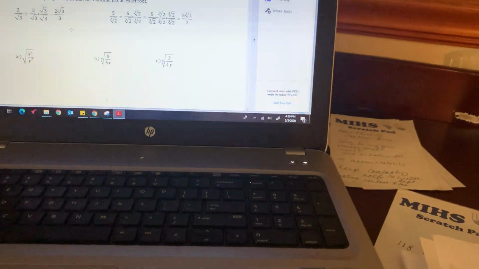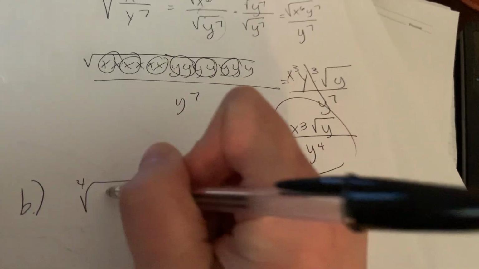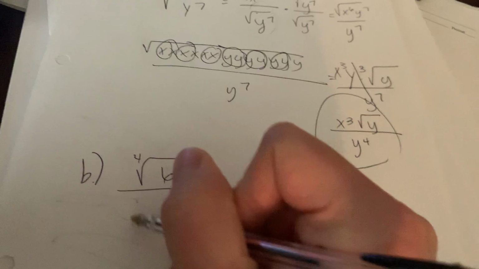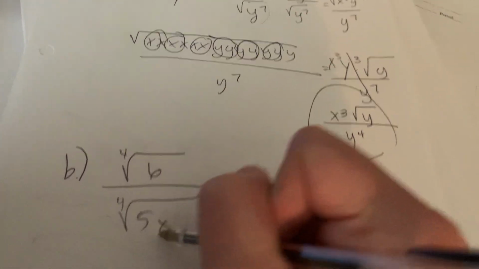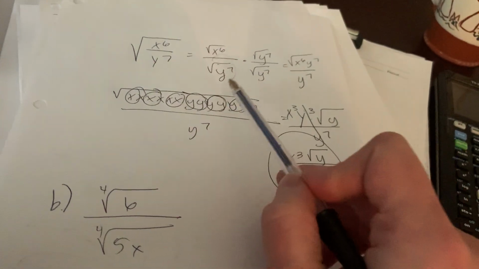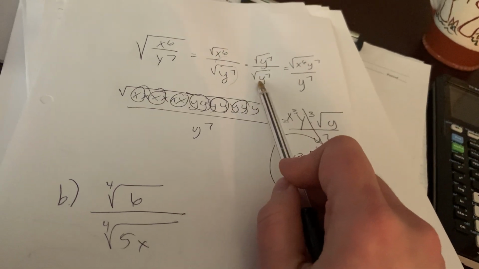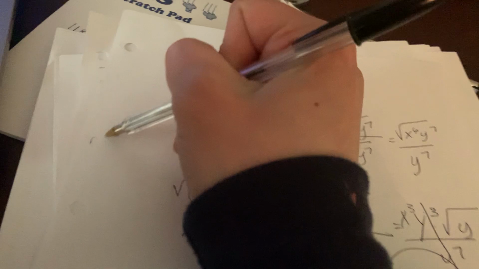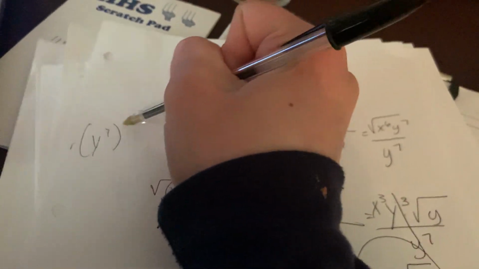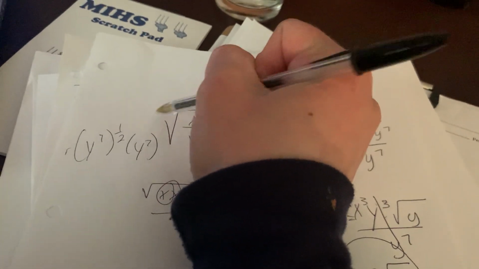So things like part B, I'll do B and C. Part B is the 4th root of 6 and the 4th root of 5x. We only multiply by one other number because the square root is 2 of them. It's like a fraction. If you have something that's a square root, it's like saying it's to the half power.